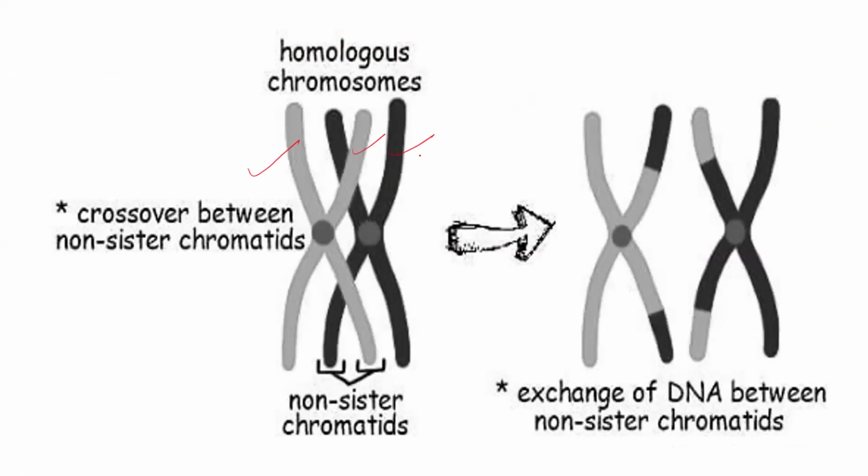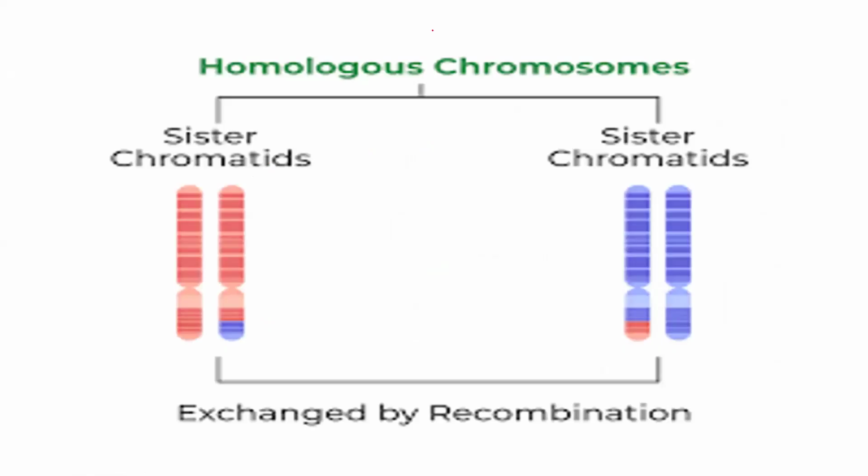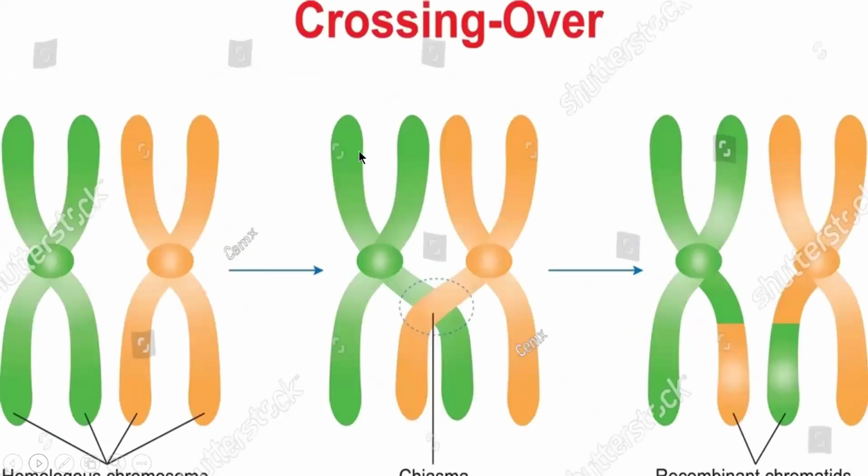Homologous chromosomes, one from mother, one from father, crossing over between 2 non-sister chromatids. So exchange of DNA between non-sister chromatids takes place. Look at the image: these are sister chromatids, and exchange of genetic information takes place.